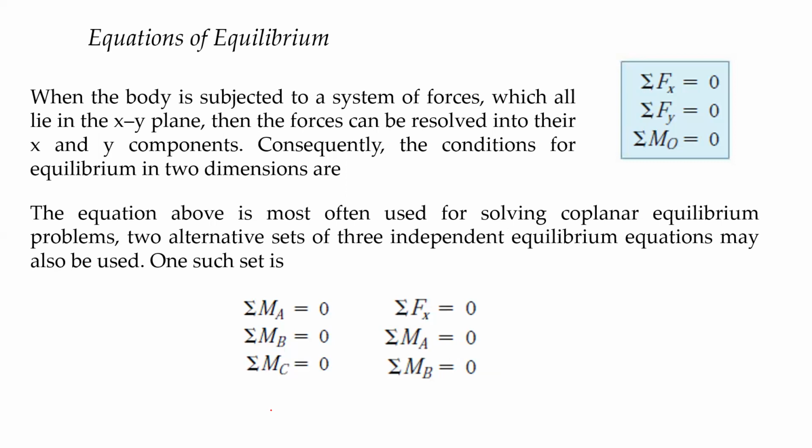Or if we want, we can also just do all moments, or do one summation and then two moments. We must use three sets of equations to solve for our equilibrium problems.